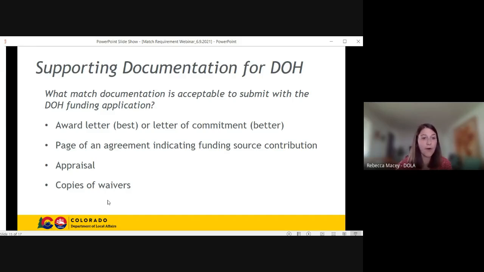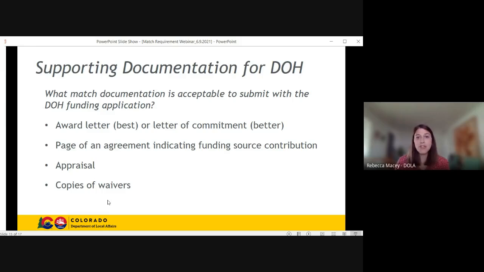Another example for waivers is copies of waivers. Additionally, in any of the supporting documentation, official letterhead from the official funding source is much preferred. Not an email communication or just a quick write-up, but something official that you can supply indicating the funding source that will be used as match.